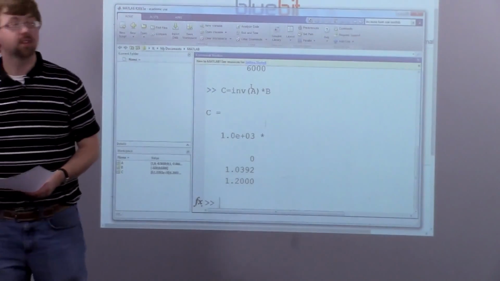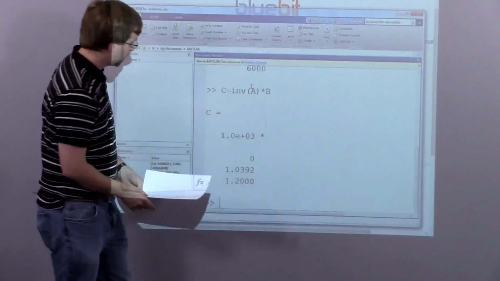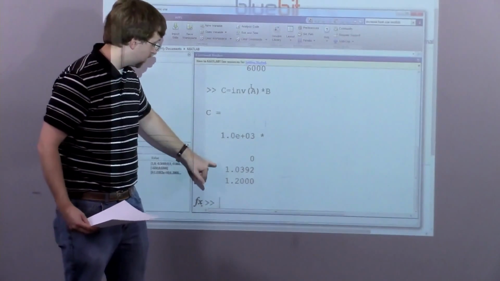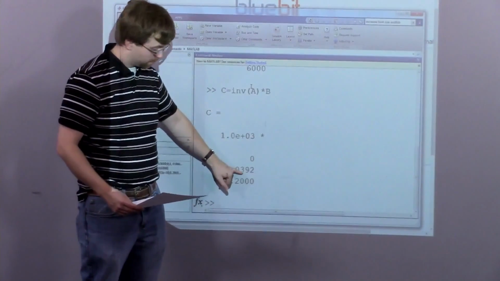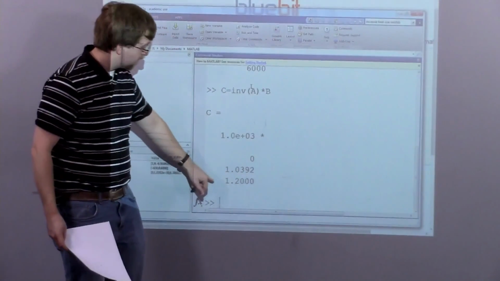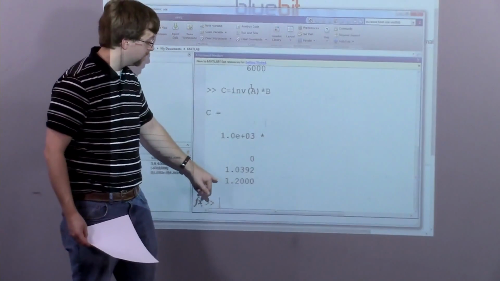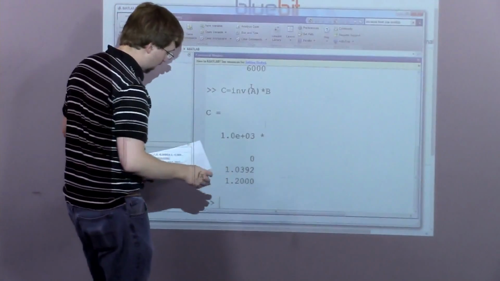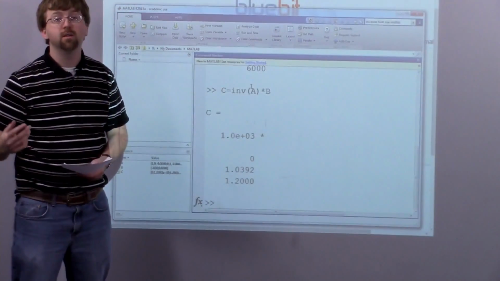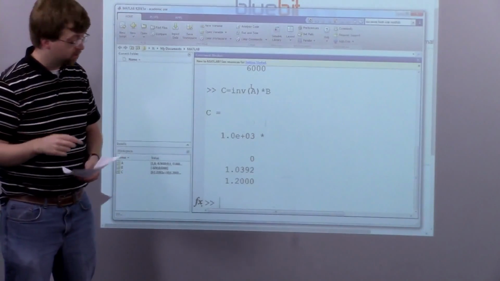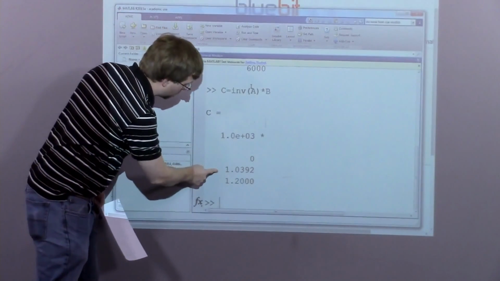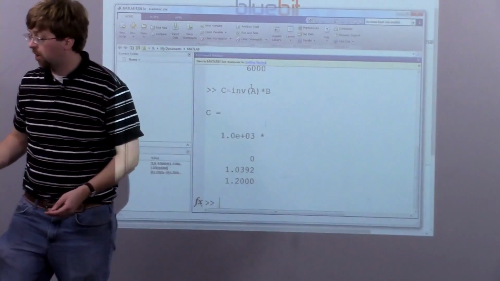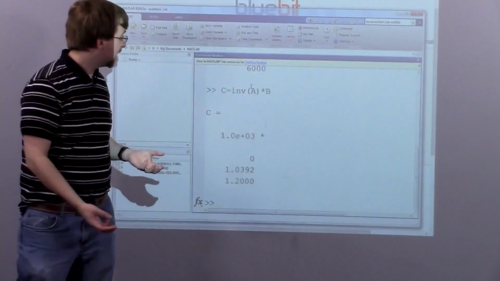And so 1 times 10 to the third of each of these numbers, so 1 times 10 to the third times 0, which is going to be 0. 1 times 10 to the third, this is going to be 1,039.2. And this last one is 1 times 10 to the third times 1.2, so it's going to be 1,200. And this represents the same order I used in my original equation for the variables. It's going to be FAX, FAY, and the tension force is my 3 answers there. All right, so that is using MATLAB to solve the problem.